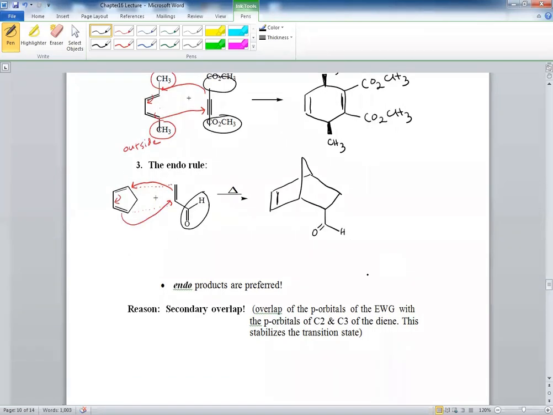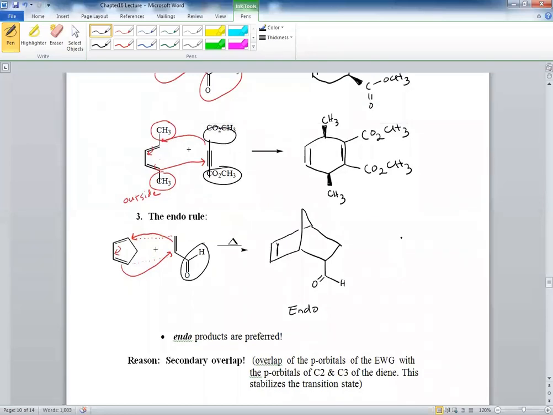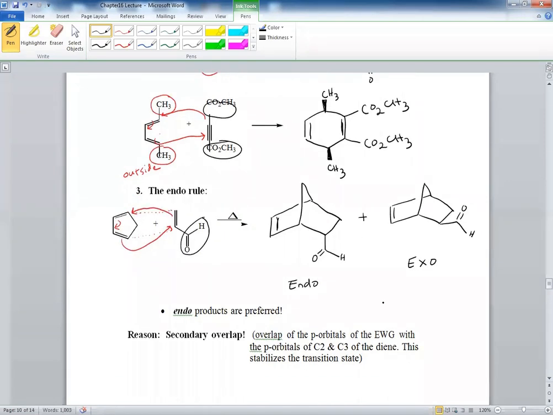This is endo, pointing down, and exo would be pointing up in the following fashion. The rule says that the preferred product is the endo and not the exo.